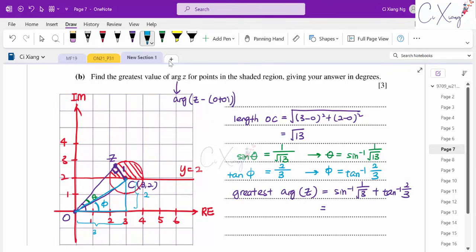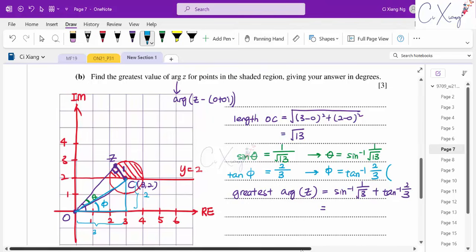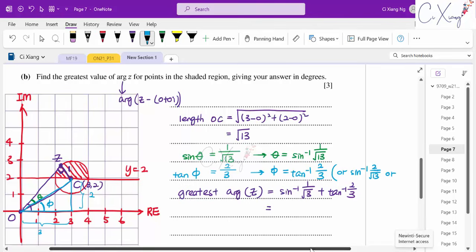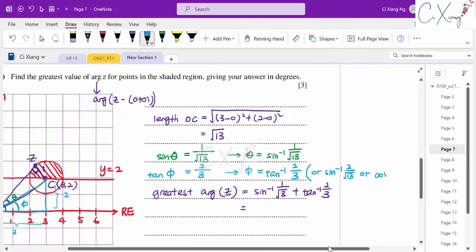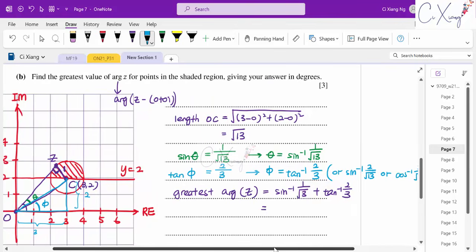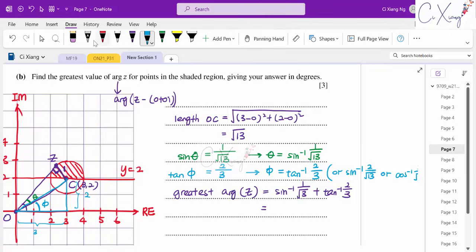Of course, if you didn't use tangent inverse, it can also be sine inverse of 2 over square root 13, or you can use cos inverse of 3 over square root 13. All of these will give you the same answer. For me, I'm using the tangent.